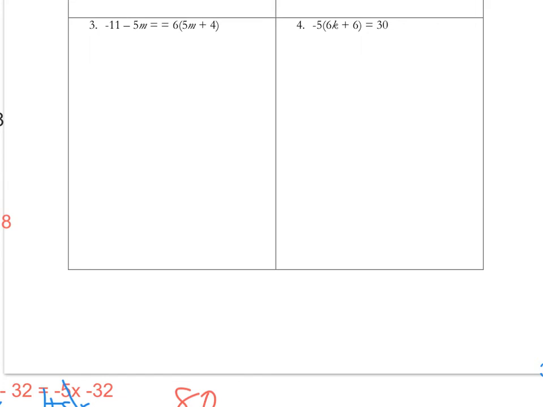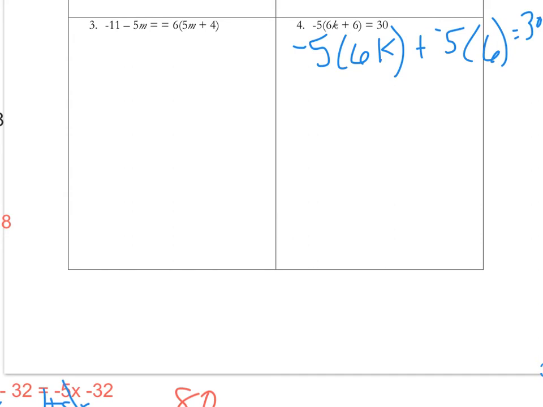Now, first we're supposed to look at our steps and see if this is a funky fraction. Obviously, there's no fraction, so I can skip step 1. And I'm going to move on to step 2, which means we're going to need to do some distributing. So we need to do negative 5 times 6k, close parentheses, plus negative 5 times 6, and that's going to equal 30, okay?